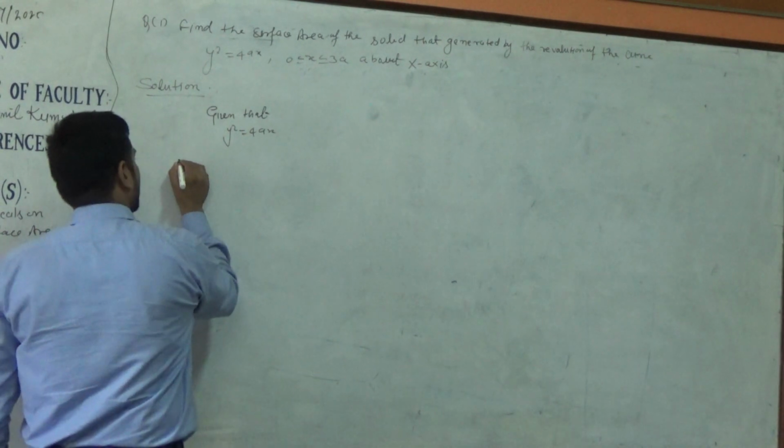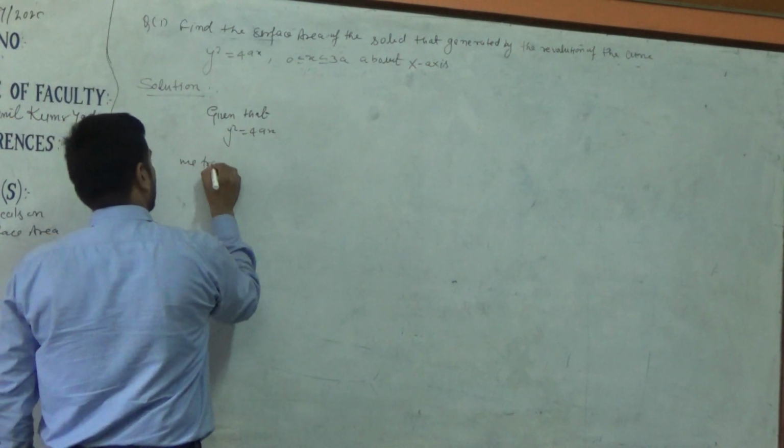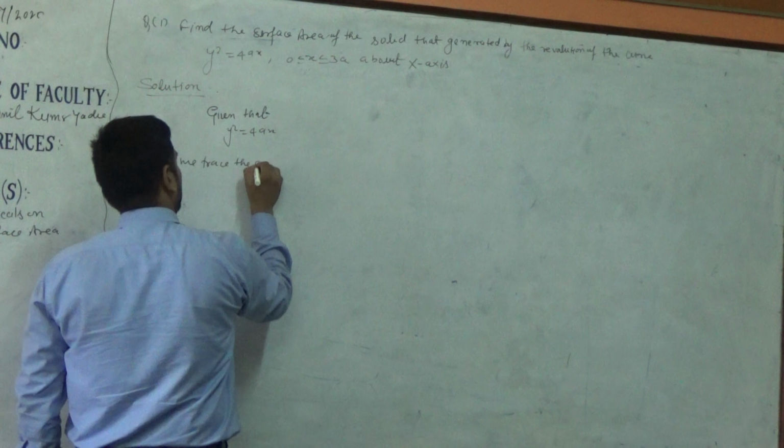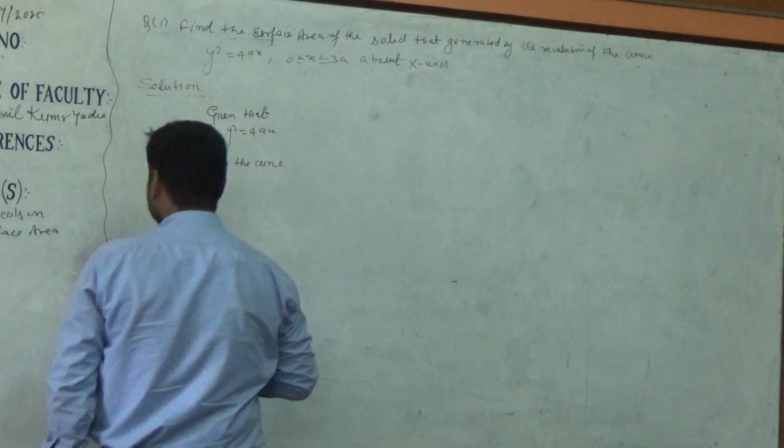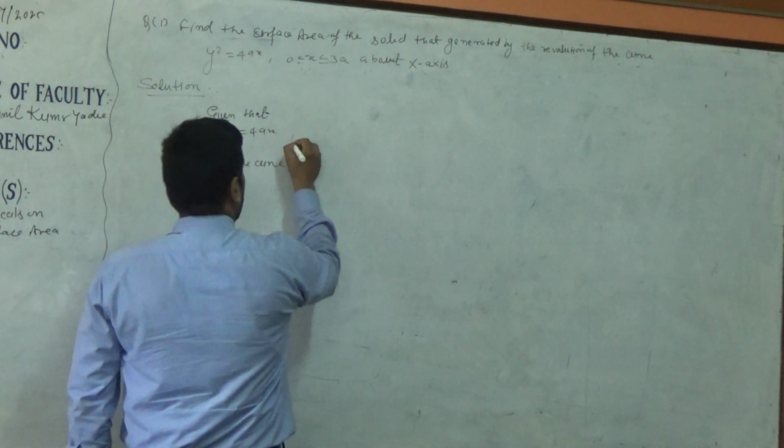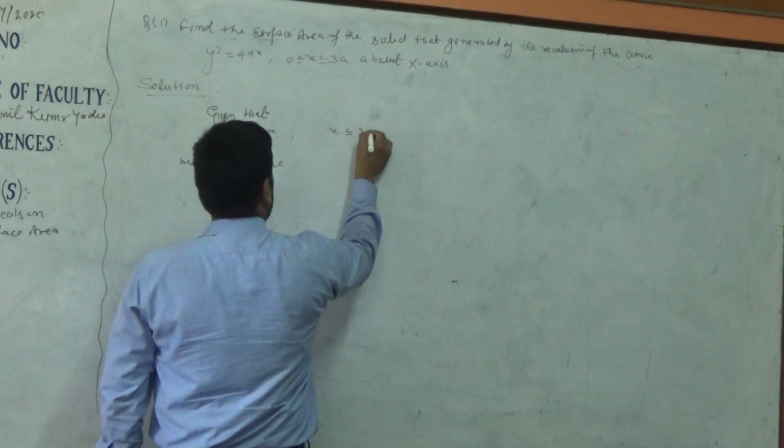Now we trace the curve. Here x is greater than or equal to 0 and less than or equal to 3a.